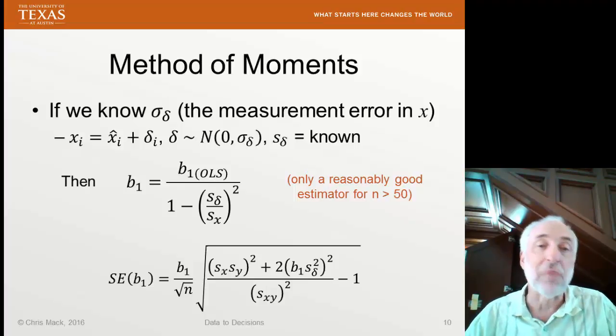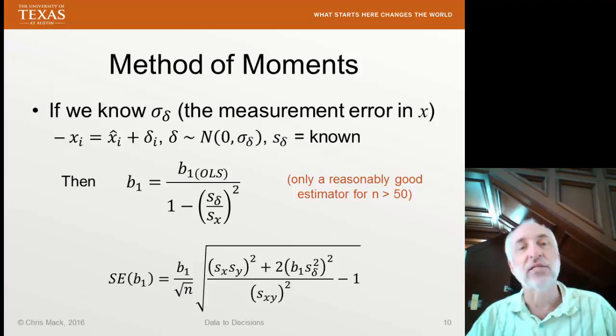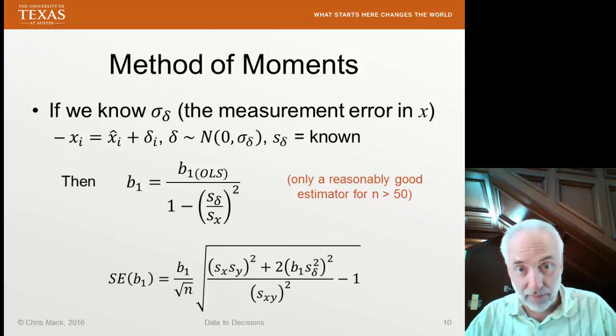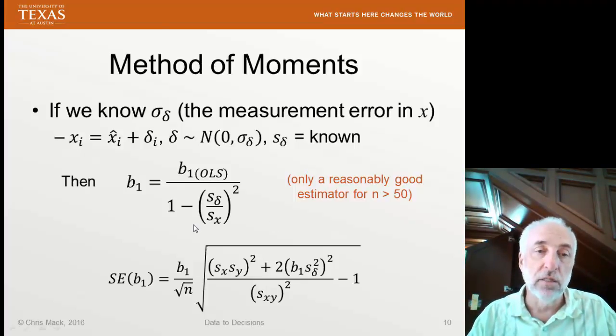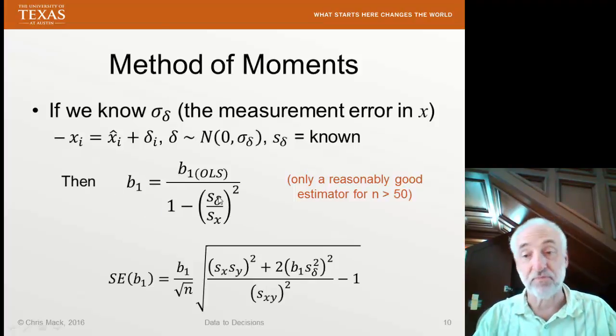First, it tells us something about the direction of the bias that comes in an OLS estimator when we ignore variation in x. Bias is always in the same direction. The OLS estimator will always be smaller in magnitude compared to the true value whenever we have variation in x.